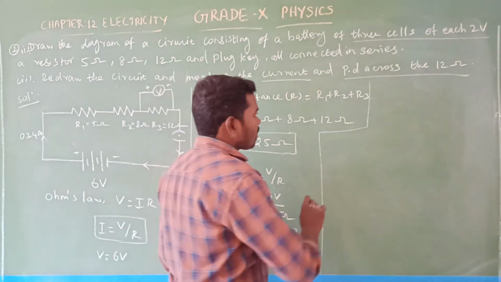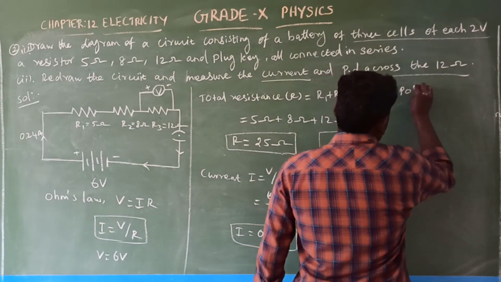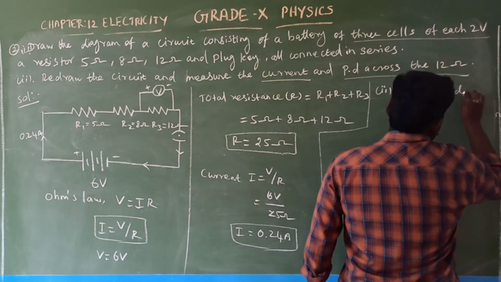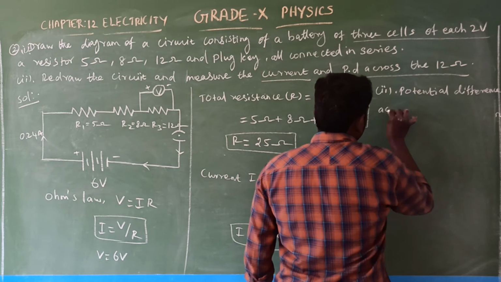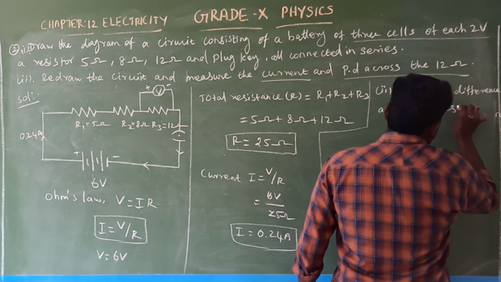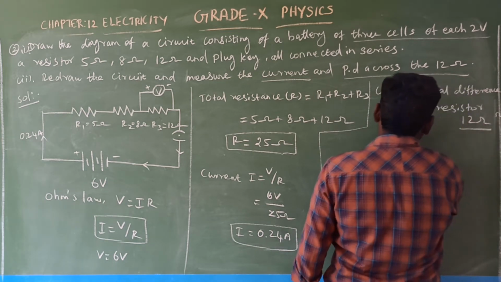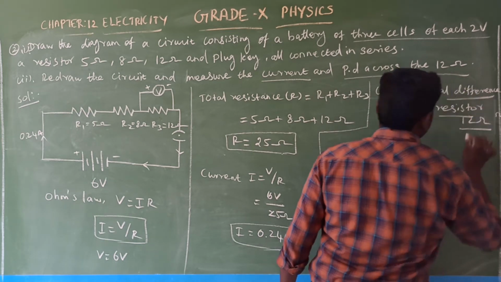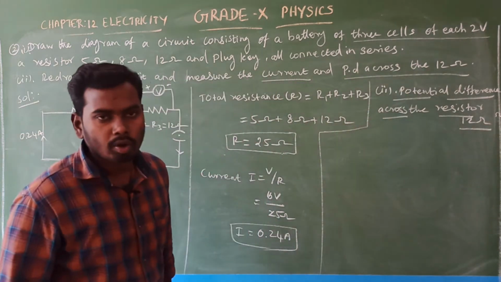Yes, look at here. So we need to calculate the potential difference across the resistor 12 ohm. So what is the formula for calculating potential difference?